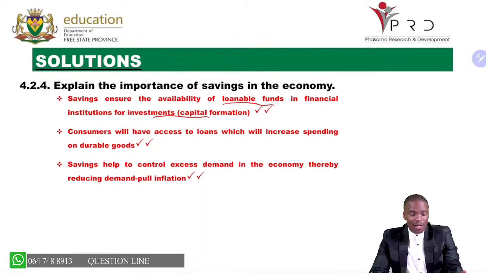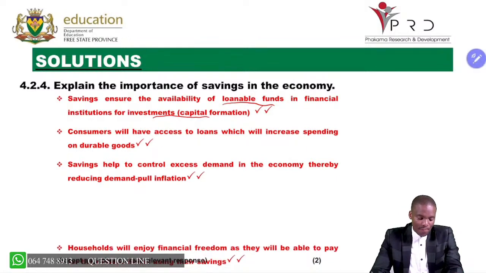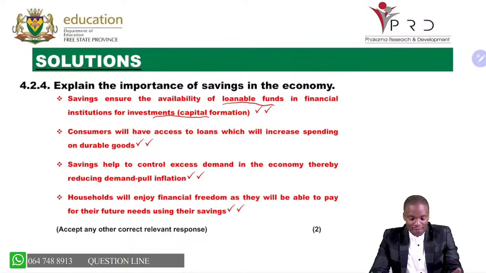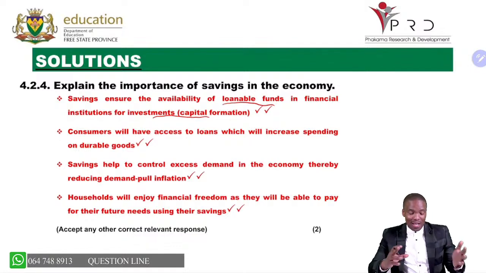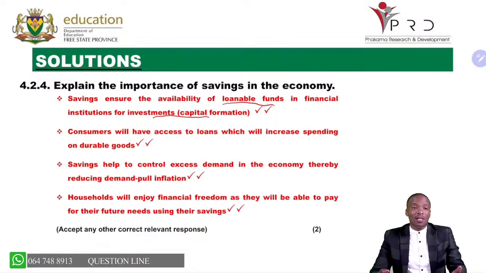Savings, on the other side, help to control excess demand in the economy, thereby reducing demand-pull inflation. And households will enjoy financial freedom as they will be able to pay for their future needs using their savings. So possibly these are the answers that we are expecting.